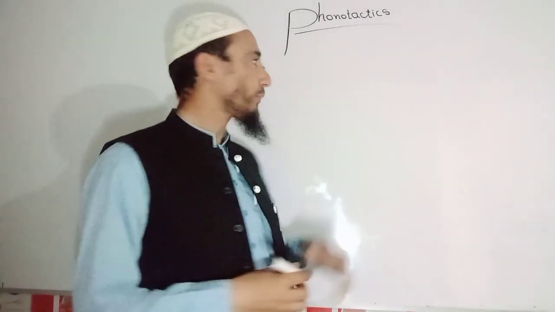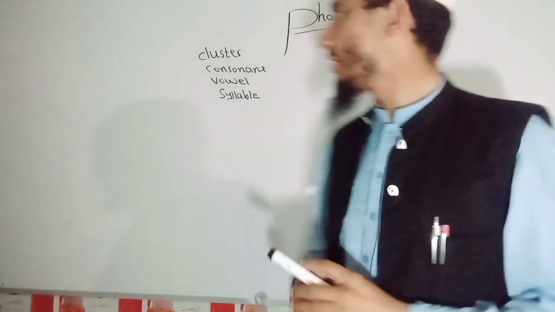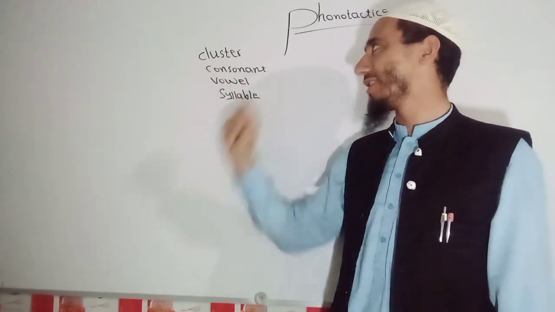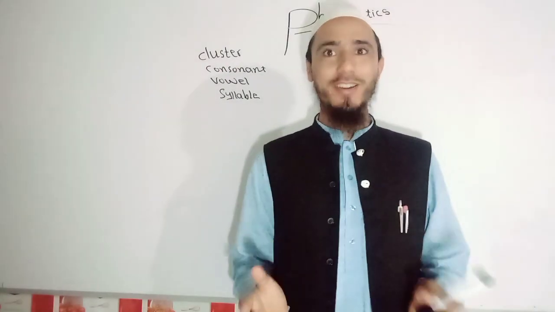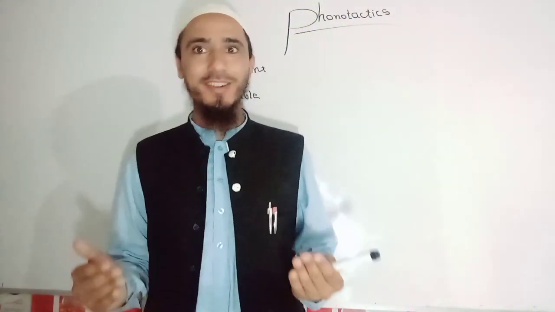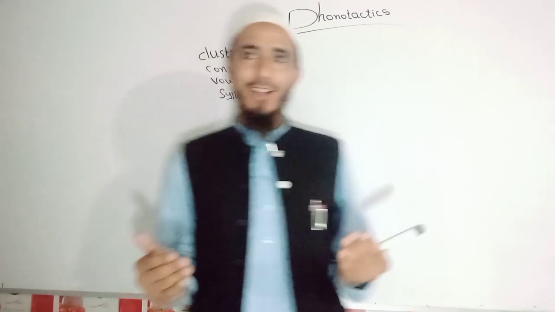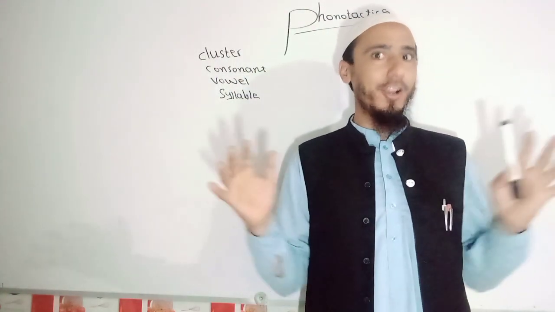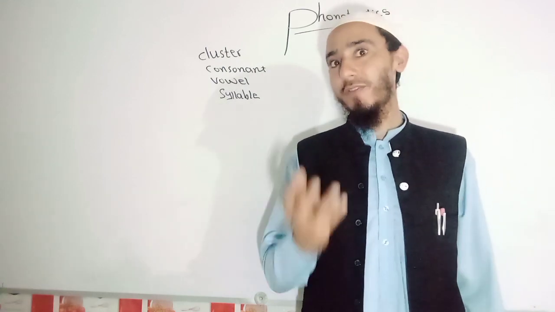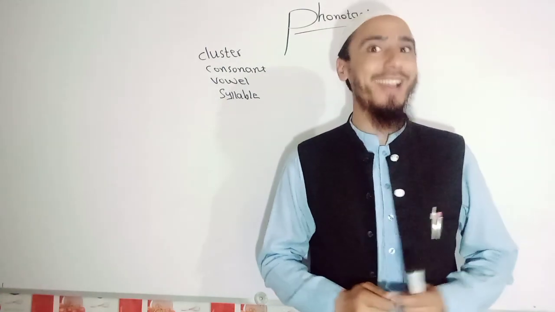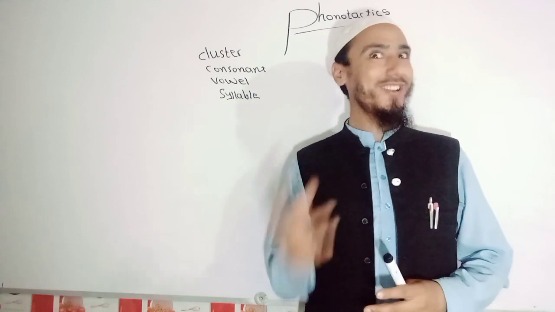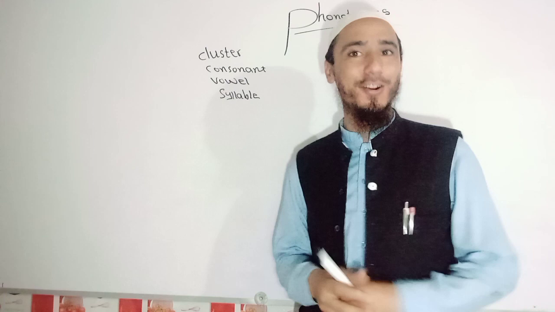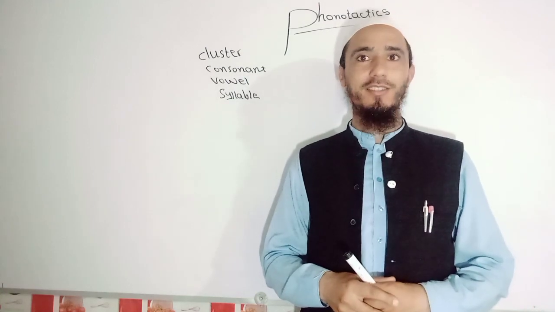Listeners and audience, let me talk first about consonant and vowel, how many consonants and how many vowels there are. I told you that there are 44 sounds in the English language. 20 sounds are vowels, and 24 sounds are consonants.